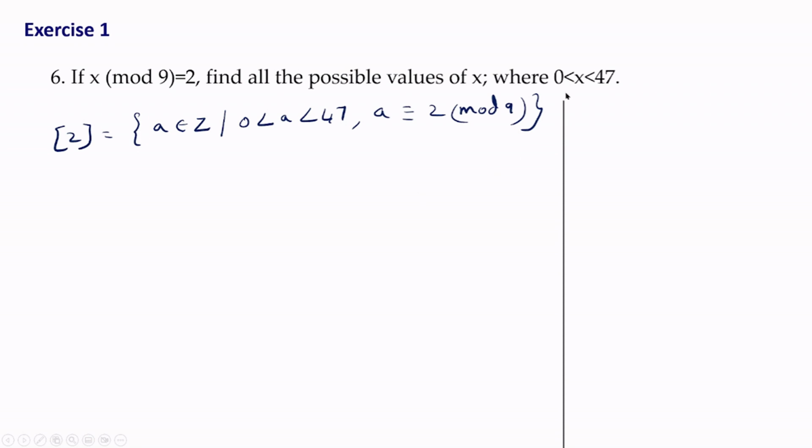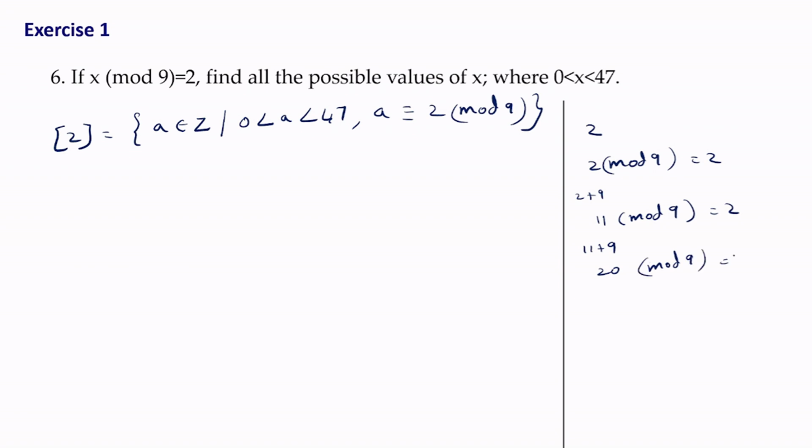So here in this interval 0 to 47, if we consider the first number 2, 2 mod 9 is 2. Then the second number will be 2 plus 9. So 11 mod 9, it is 2. Then the next number will be 11 plus 9, 20. 20 mod 9, it is 2.